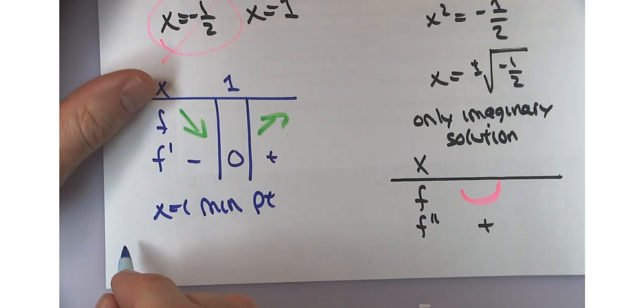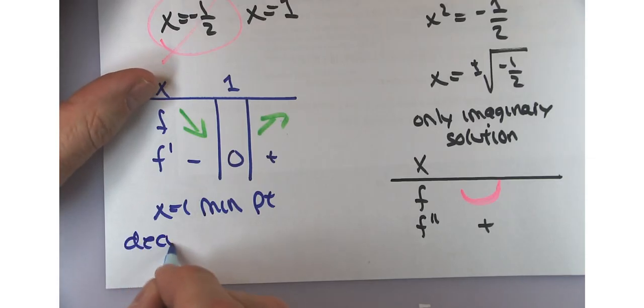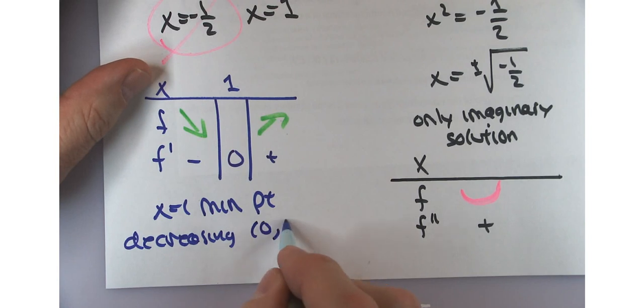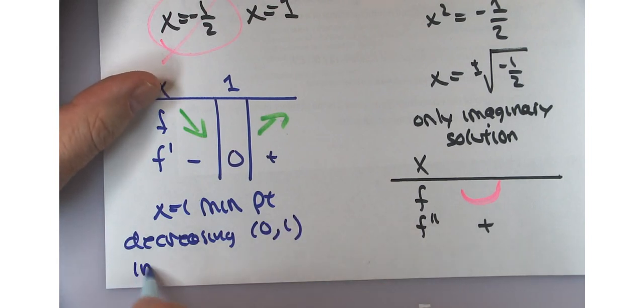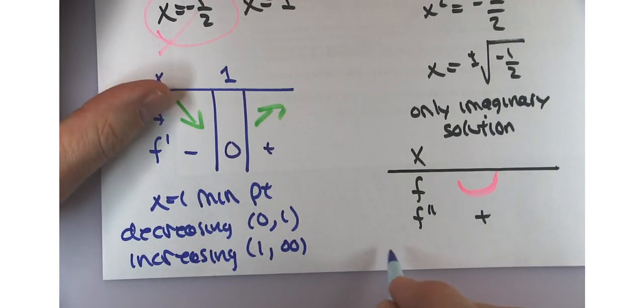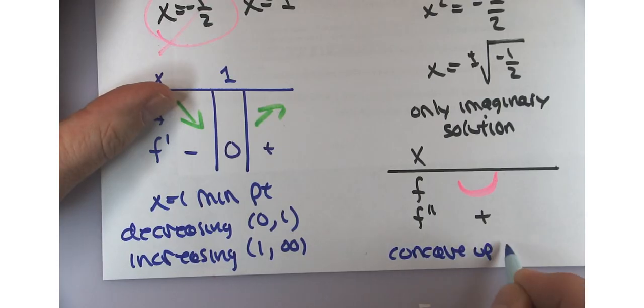It's decreasing on 0 to 1, and then increasing on 1 to infinity. And it's concave up on 0 to infinity. It's completely concave up.